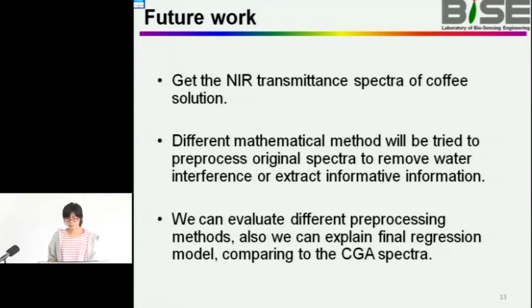And then we can evaluate the different pre-processing methods. And also we can explain the final regression model by comparing it to the CGA spectrum we just got. That's all. Thank you.